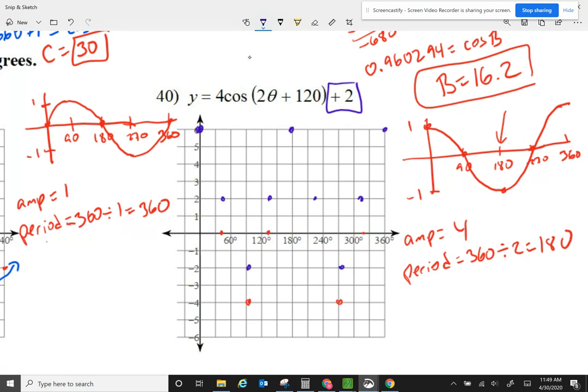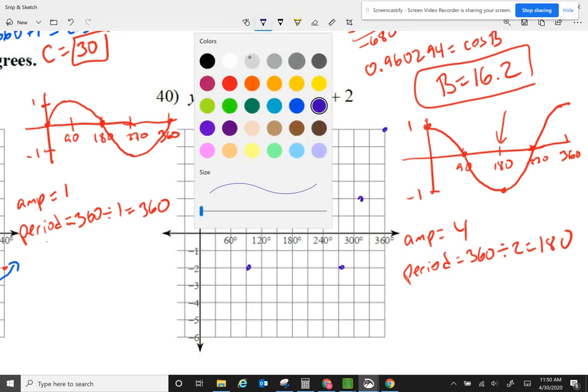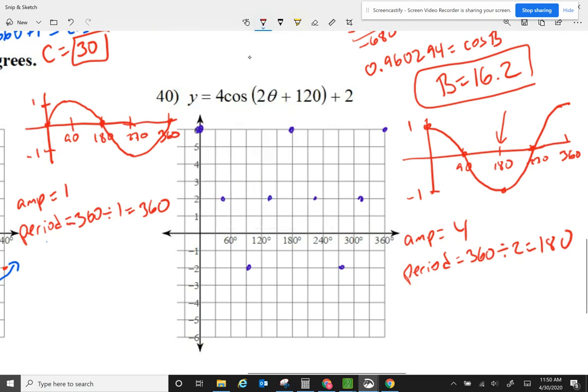I moved everything 2 up. And then let me move to the left 120 degrees. That means I'm going to move to the left 4 spaces.